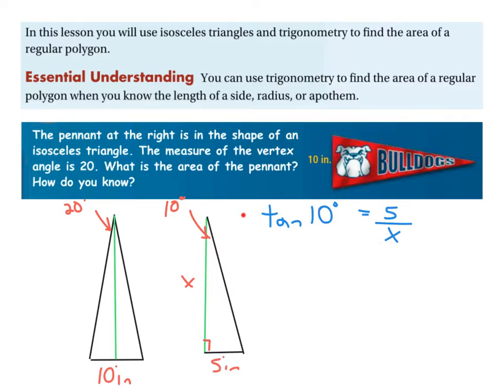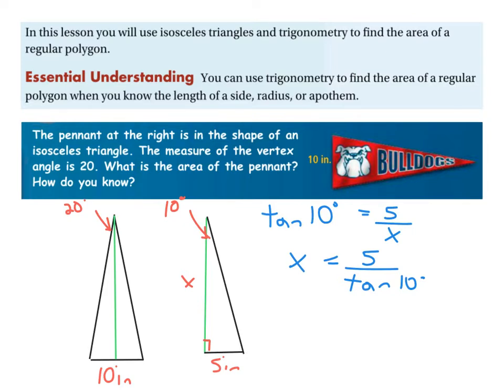So it says x times tan of 10 degrees equals 5, and then dividing by tangent of 10, we get x equals 5 divided by the tangent of 10 degrees, and that's what we want to use our calculator for.